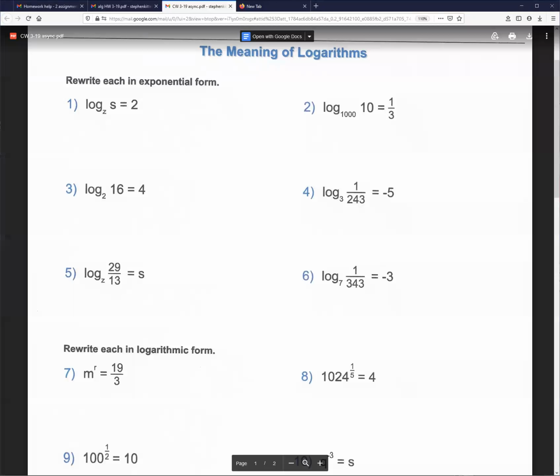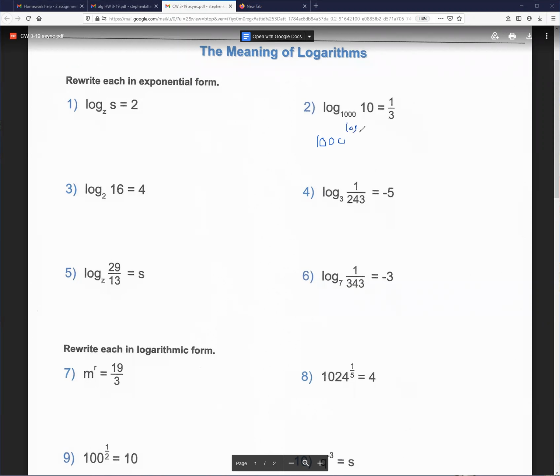All right, back over to the worksheet now. We need to address logarithms that have whatever base we want. I'm going to skip the first one and go to number 2 first. Number 2, we have a logarithm that we need to write in exponential form. So we need to undo the logarithm. To undo the logarithm, which is base 1,000, we're going to have to do 1,000 to the on both sides.